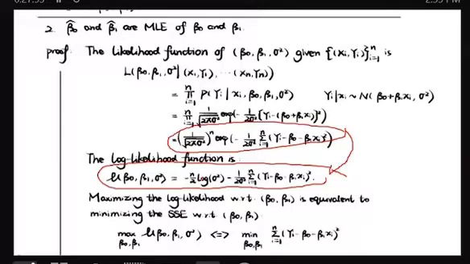That is why it's called the method of maximum likelihood. We are maximizing the likelihood. The likelihood of what? The likelihood of parameters. What are the parameters? Beta naught, beta 1. Does that make sense? Now, I need you to pay attention to this.